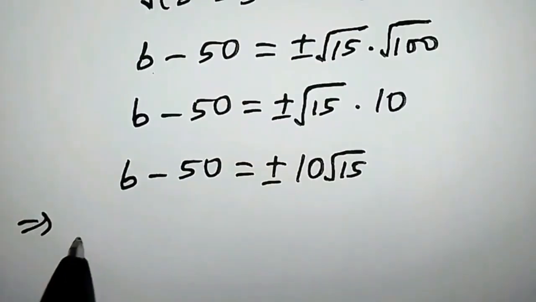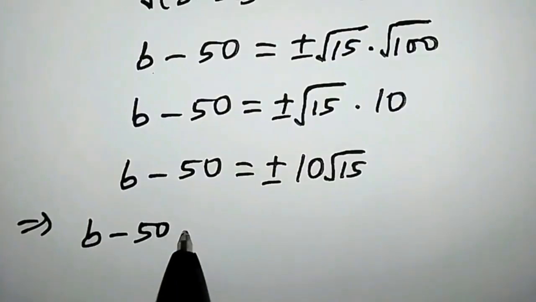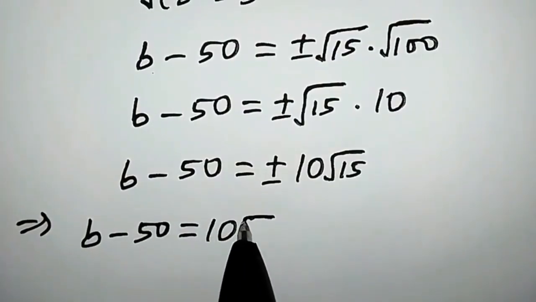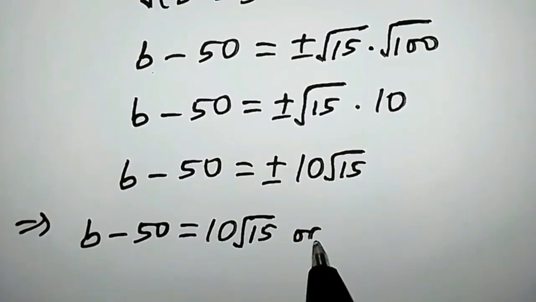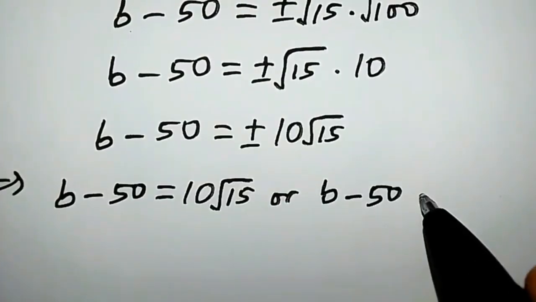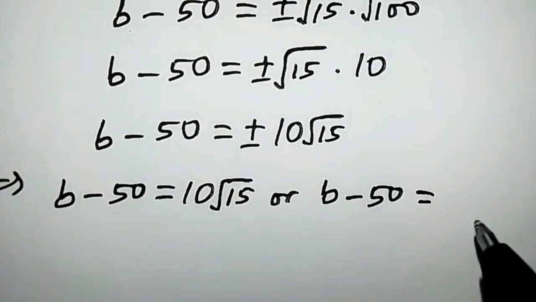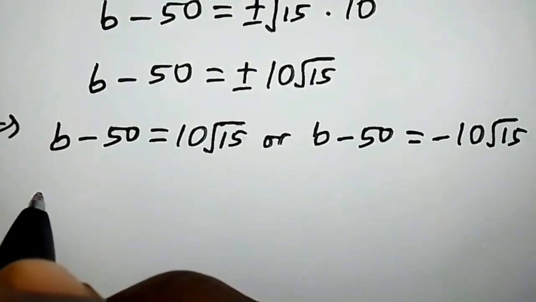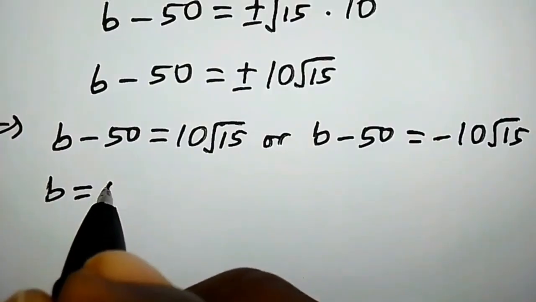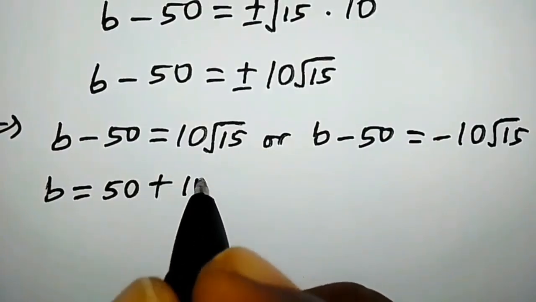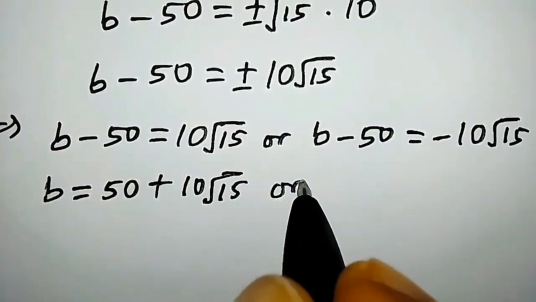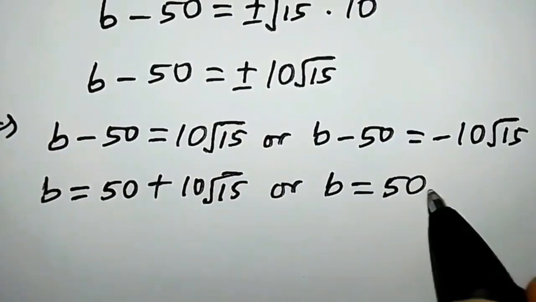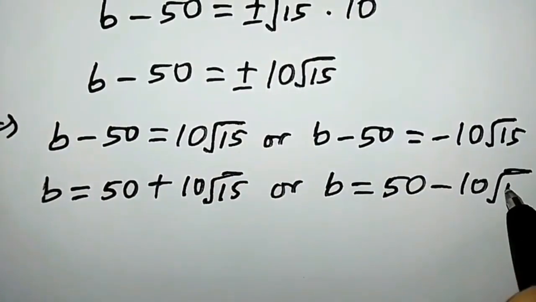This implies that b minus 50 is equal to, consider the plus sign, 10 root 15, or b minus 50 is equal to the negative sign, minus 10 root 15. From this line we have b equal to 50 plus 10 root 15, or also from this line we have b equal to 50 minus 10 root 15.